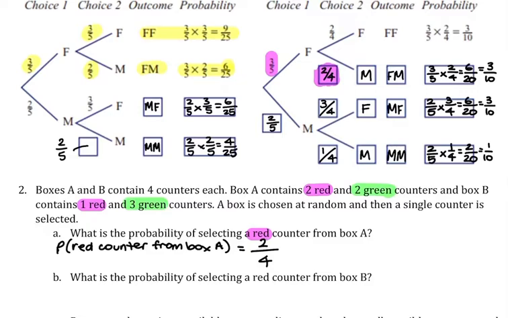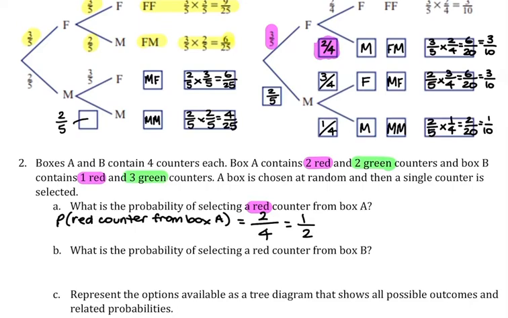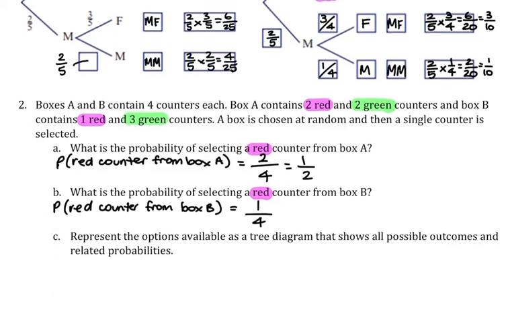So our probability is 2 over 4, which equals 1 over 2. So then what is our probability of selecting a red counter from box B? In box B, we have a total of 4, and we only have 1 red. So our probability is 1 over 4.